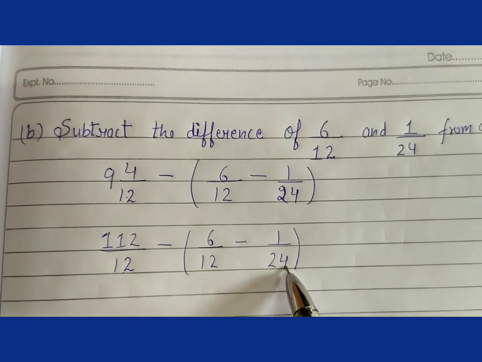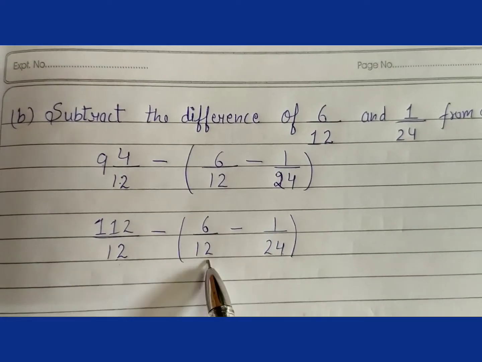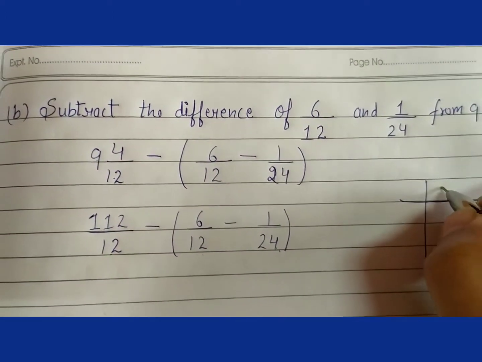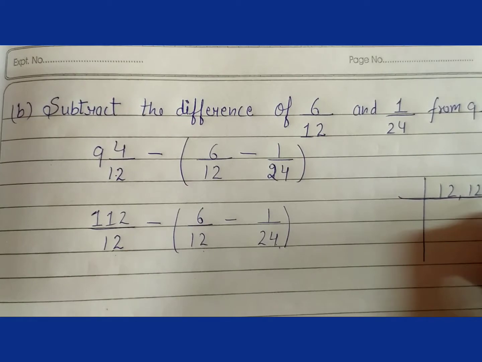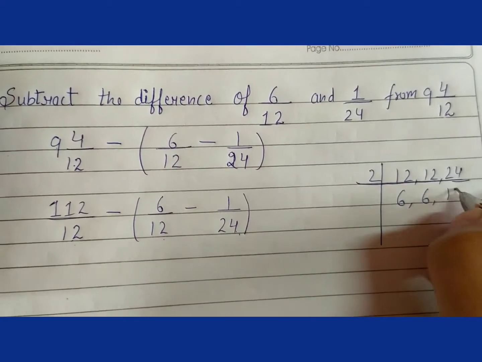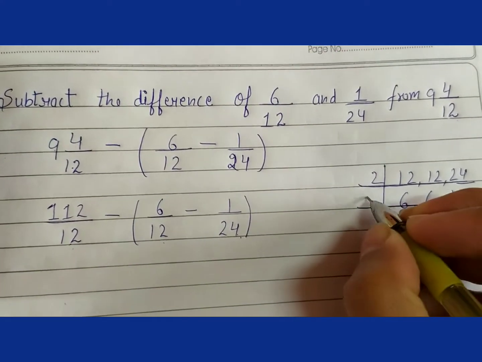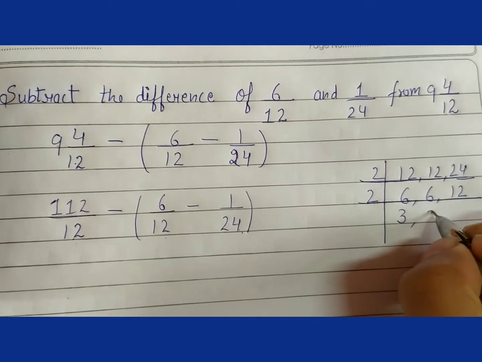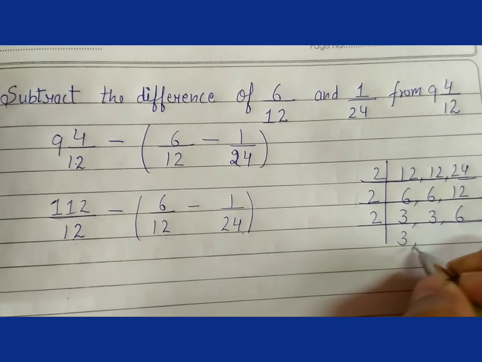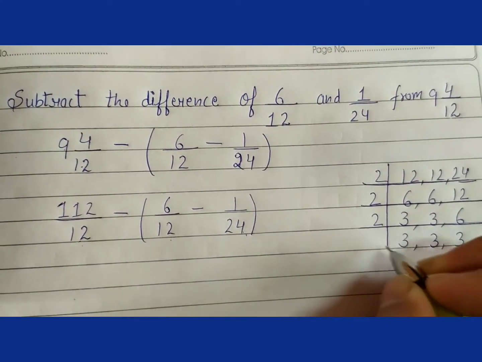Denominators are different, so find out the LCM of 12, 12 and 24. 12, 12, 24. 2 6s are 12, 2 6s are 12, 2 12s are 24. Again write 2, 2 3s are 6, 2 3s are 6, 2 6s are 12. Again write 2, 3 as it is, 3 as it is, 2 3s are 6.